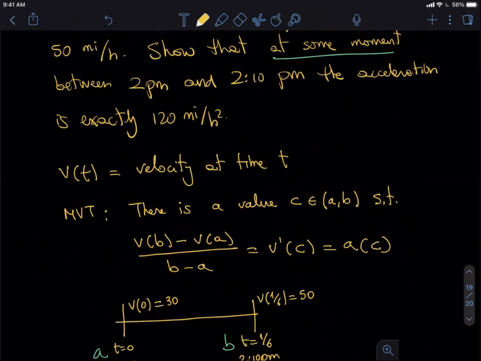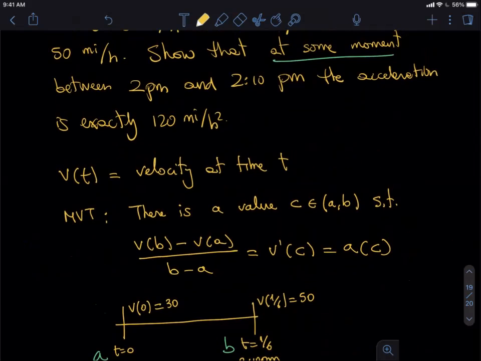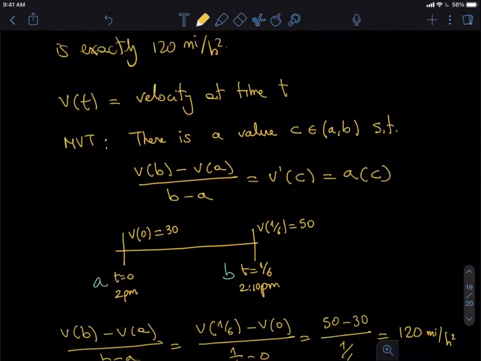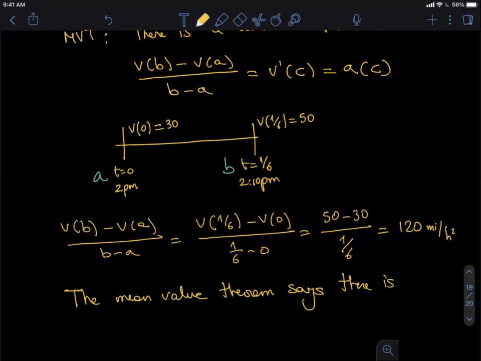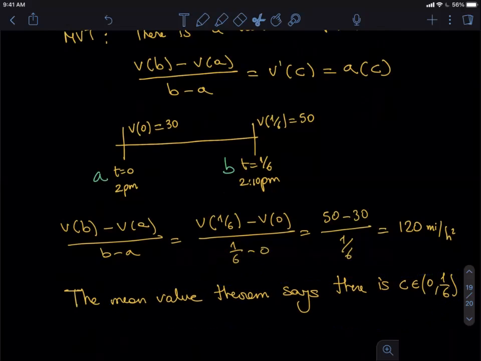And actually, reading back, it says at some point the acceleration is exactly 120 miles an hour squared. But that is what the mean value theorem is saying. The mean value theorem says there is a c in (a, b), which with our choice is (0, 1/6), the time between 2 and 2:10, 10 past 2.